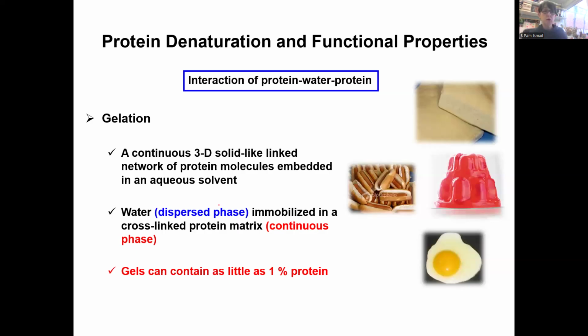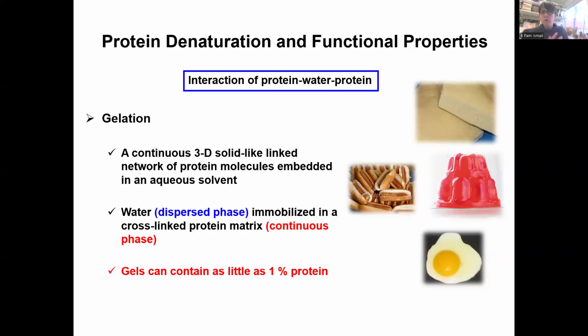And different types of proteins form gel at different concentrations. So we can form a gel with as low as 1%, and that would be gelatin. Gelatin is the best gel-forming protein because it forms gel at really low concentration.